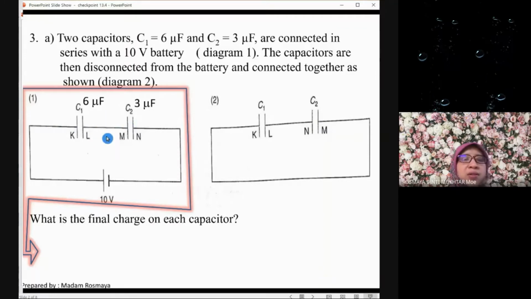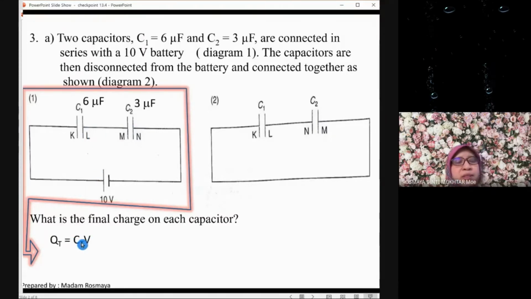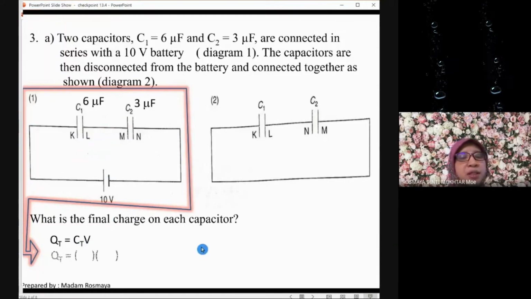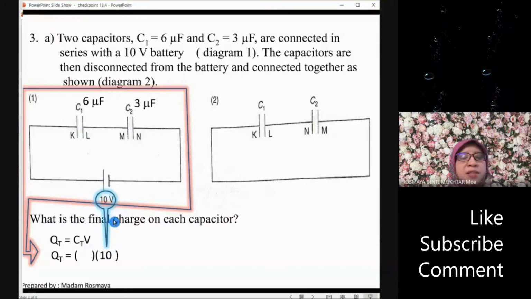The capacitors are arranged in series, so we use the formula 1 per C, because they are arranged in series. We substitute the voltage 10 for fully charged, final charge.